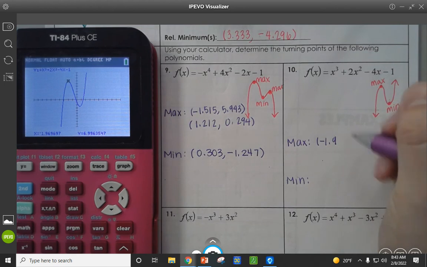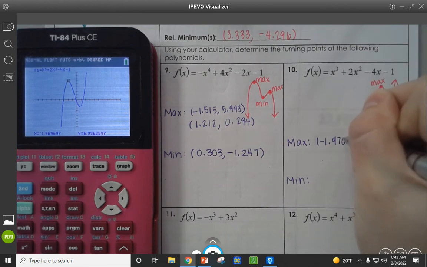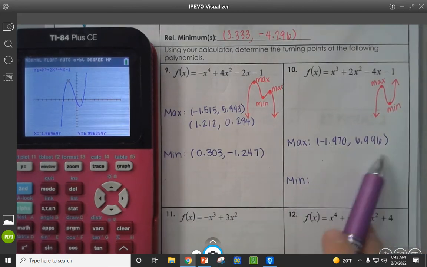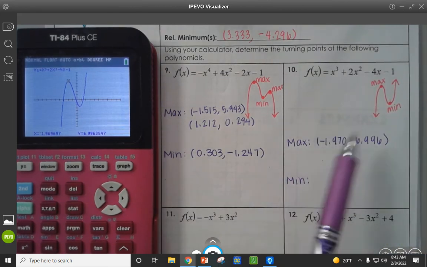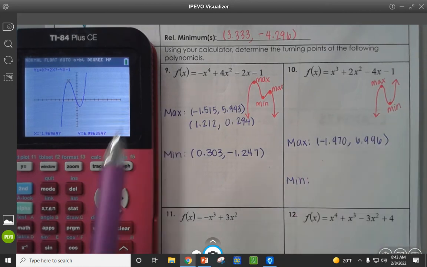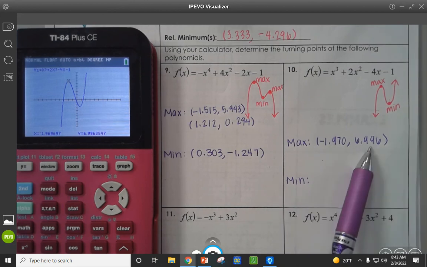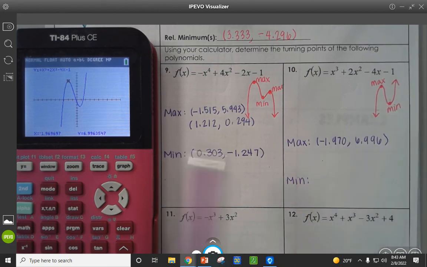That really is going to round up to 970, and 6.996. If I were to look at the table for this, it probably is -27. It's probably the actual point, but we're just going to put the closest that the calculator gives us using the trace button.